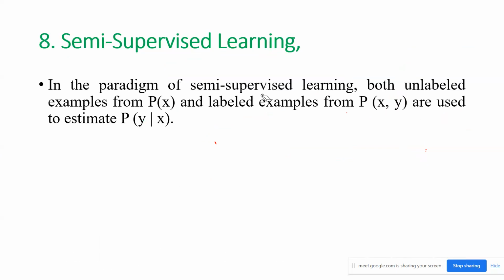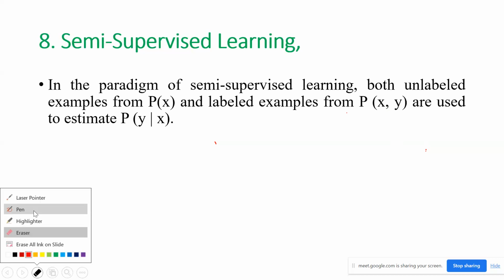In this paradigm, semi-supervised learning, both unlabeled examples from P of X and labeled examples from P of X comma Y are used. That means unlabeled data, unsupervised learning, and labeled data, supervised learning, are used to estimate the output value y based on the input value x.